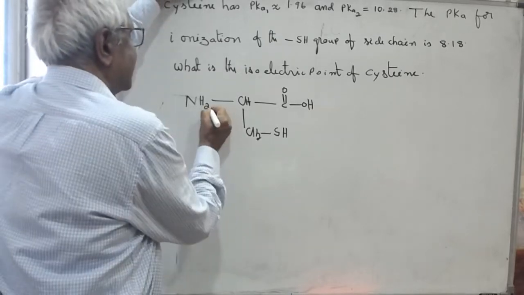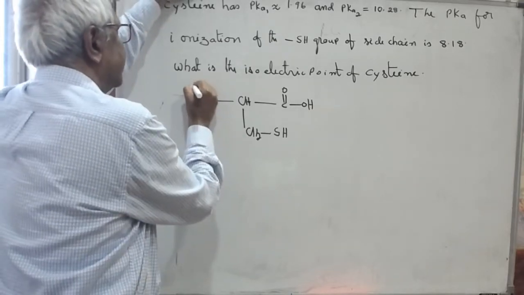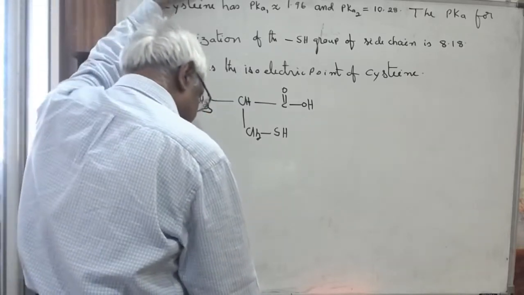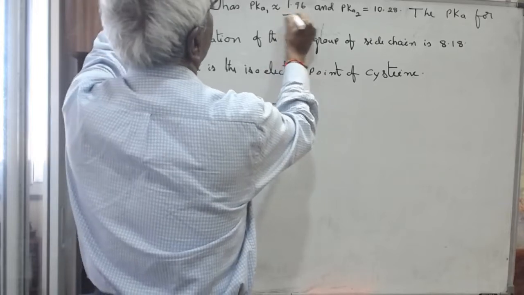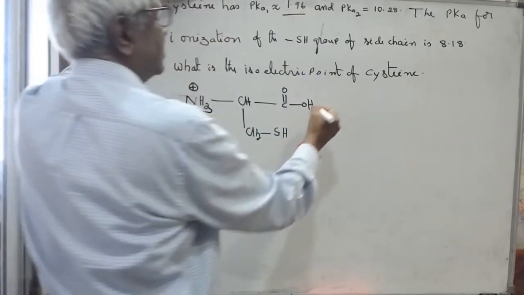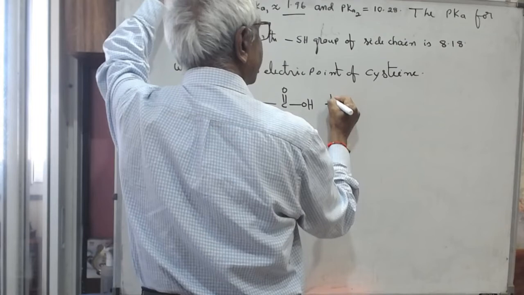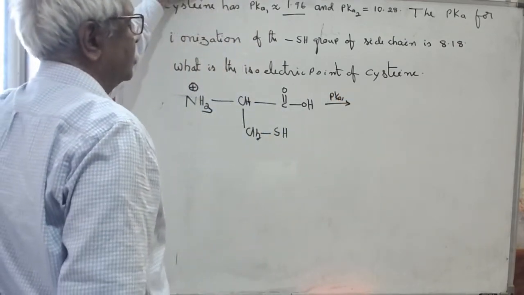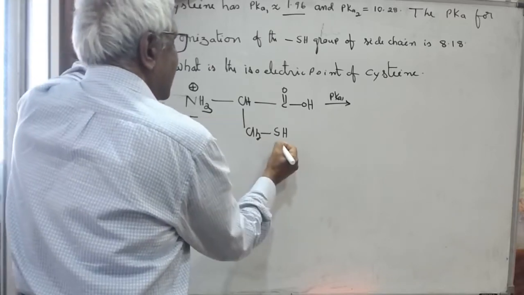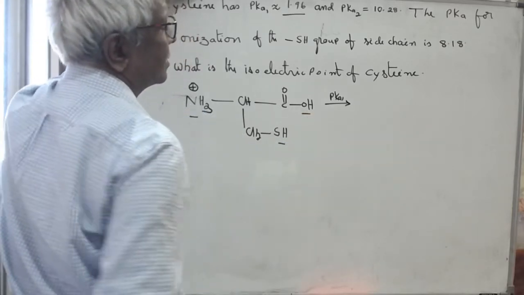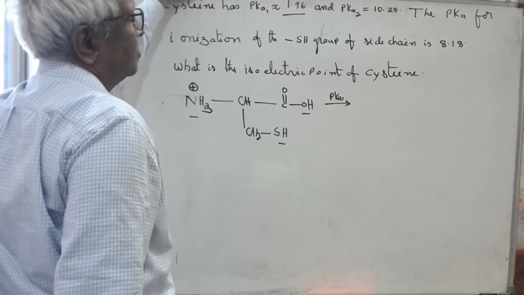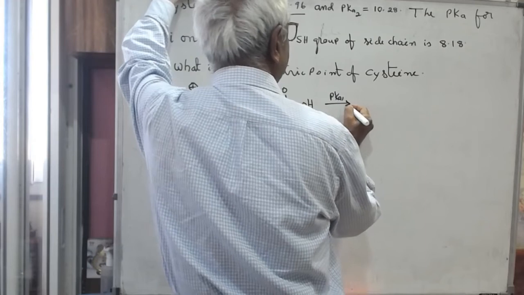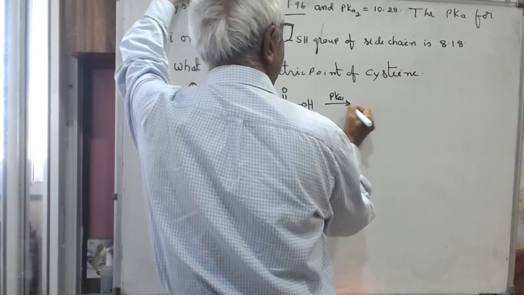At the most acidic condition, how does it exist? This is cysteine, and this is pKa1. So among this one, this one and this one, who is the most acidic? At pKa1.